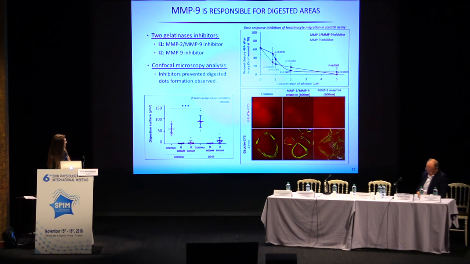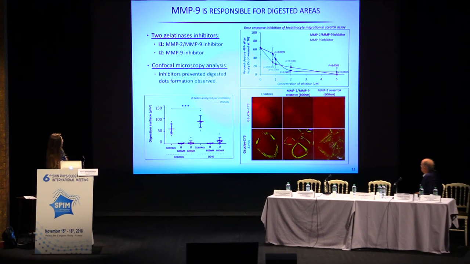First of all, we decided to verify the dose-response inhibition of keratinocyte migration in scratch assays, because a lack of MMP9 impairs cell migration. While the wound closure 48 hours after injury is about 60% for the control, you can see that the percentage of wound closure decreased as the concentration of inhibitors increased.